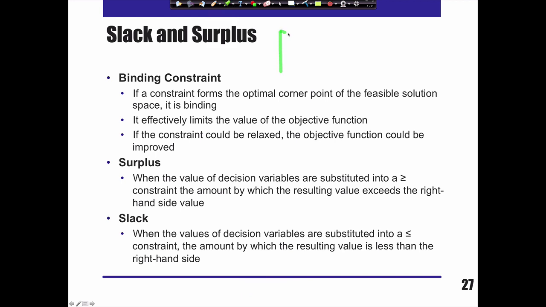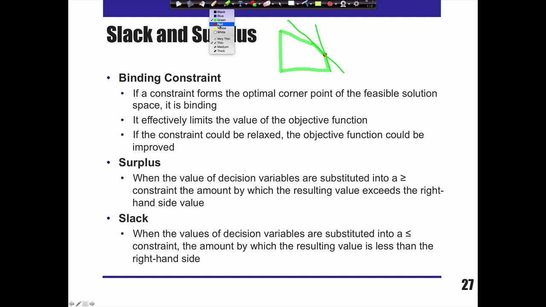We have this shape of the feasible area, and then the solution was here, right? Which means this point is on the constraint line, this line, and a constraint of this line.